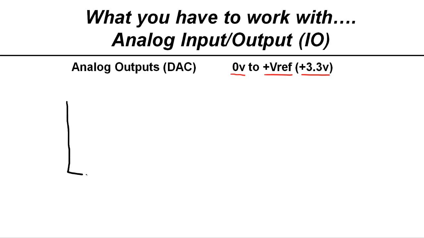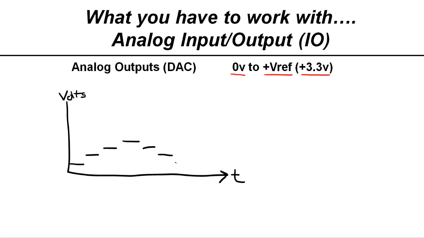So let me draw little axes. I'll draw T over here for time, and we'll say this is volts. What a DAC can do is you can control it by writing values to a DAC register to control its output voltage.